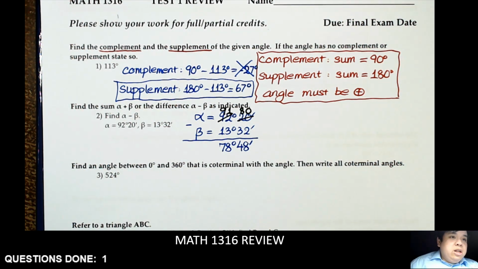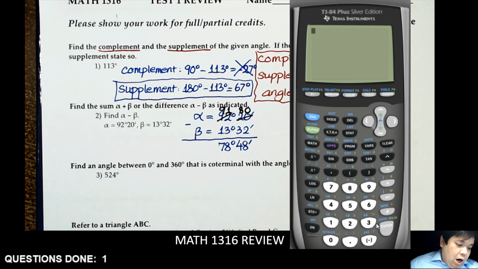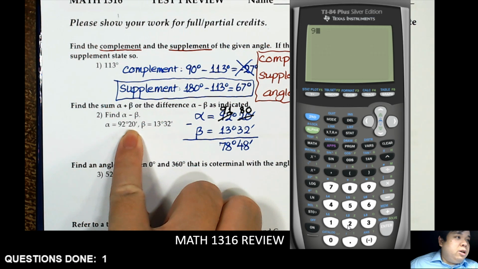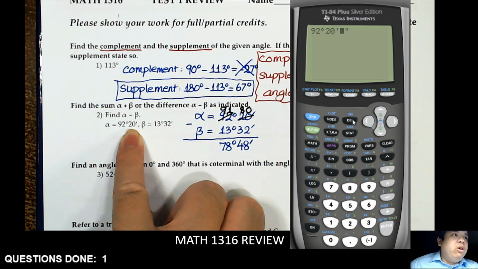Let's do this using the calculator. First I enter 92, second application, that gives us the degree. 20, second application, minute. If we need seconds, it will be the same, but we don't need it in this problem.